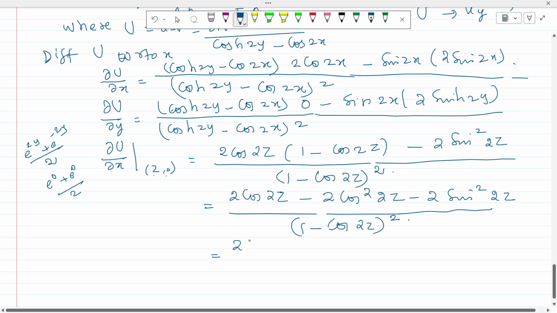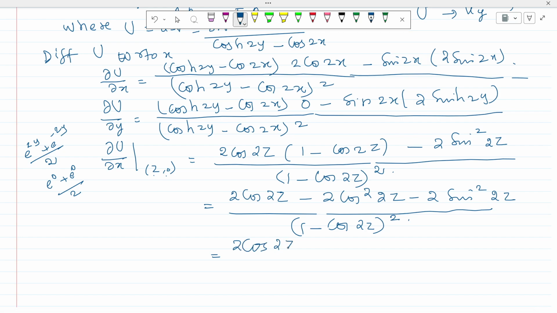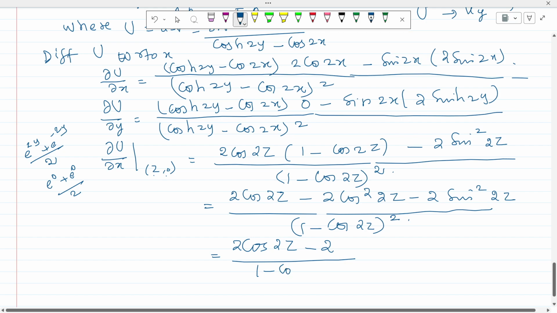So 2 cos 2z minus 2, take it outside, cos square 2z plus sin square 2z is 1. So 2 cos 2z minus 2 divided by 1 minus cos 2z whole square.